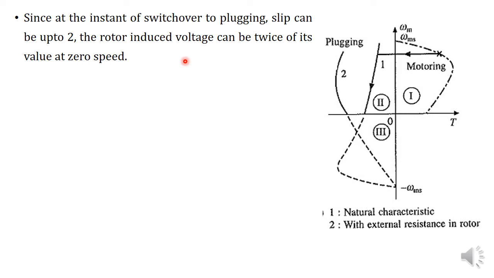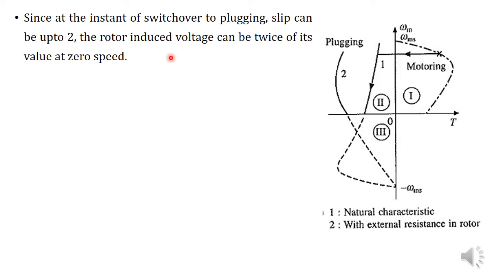So at the instant of switch over to plugging, the slip can go up to 2, which we have already seen from the equation. So the rotor induced voltage can be twice its value at 0 speed. The slip is a measure of the rotor induced EMF, because it indicates the relative speed between the rotor and the rotating magnetic field.